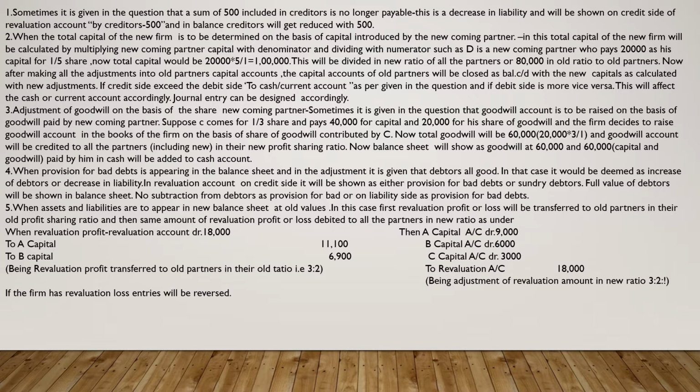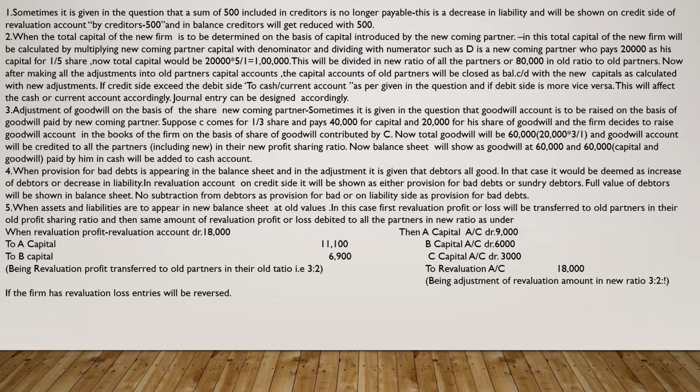If credit side exceeds the debit side, to cash or to current account, it will depend on the question whether they are to be paid back or their balance is to be transferred to their current account. And if the debit side is more, vice versa, this will affect the cash or current account accordingly.